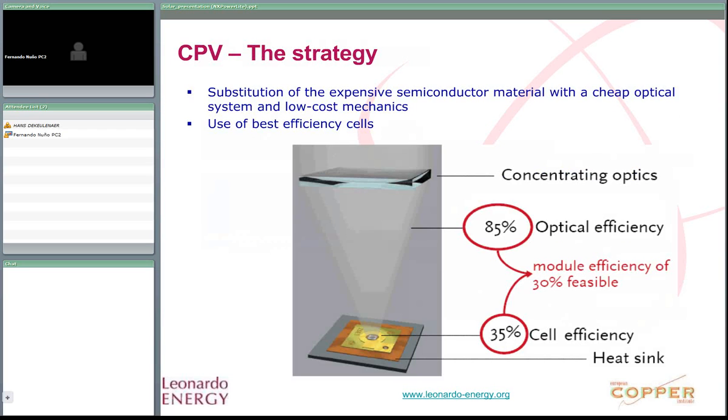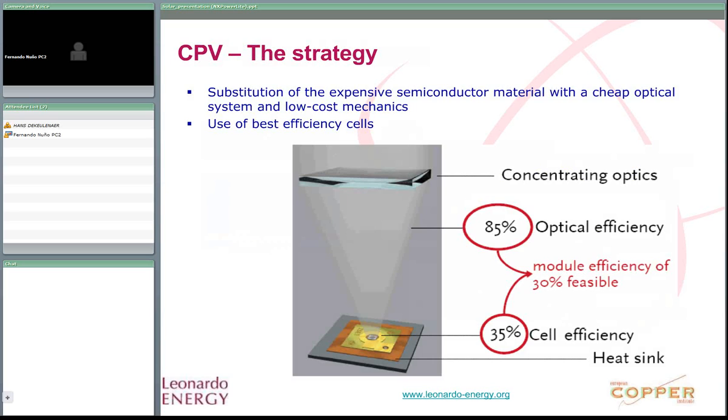So the basic strategy in CPV is substitution of expensive semiconductor material with a cheap optical system and low-cost mechanics. The photovoltaic cell is the best efficiency available in the market. So the graph shows how with 85% optical efficiency and 35% cell efficiency, which are the current efficiencies, we can reach 30% efficiency at module and 25% at system level.